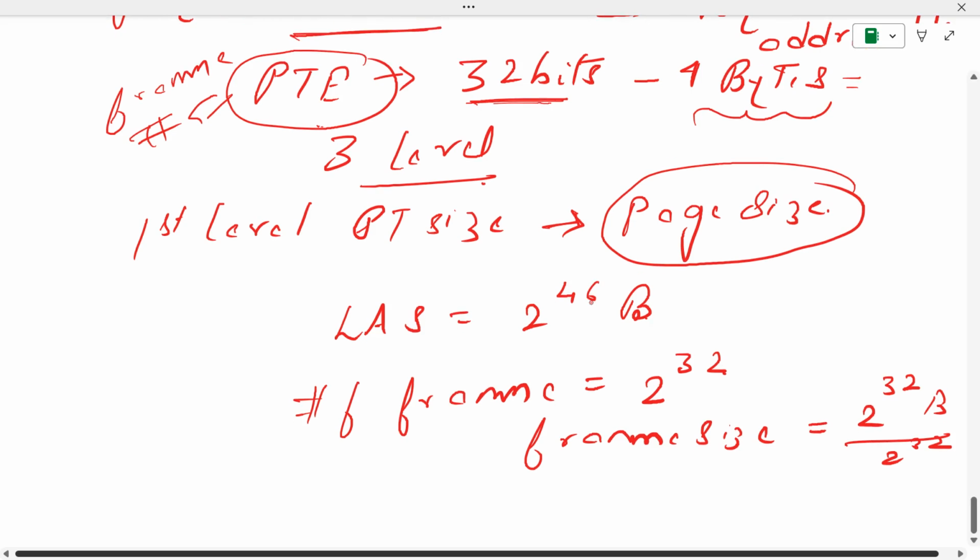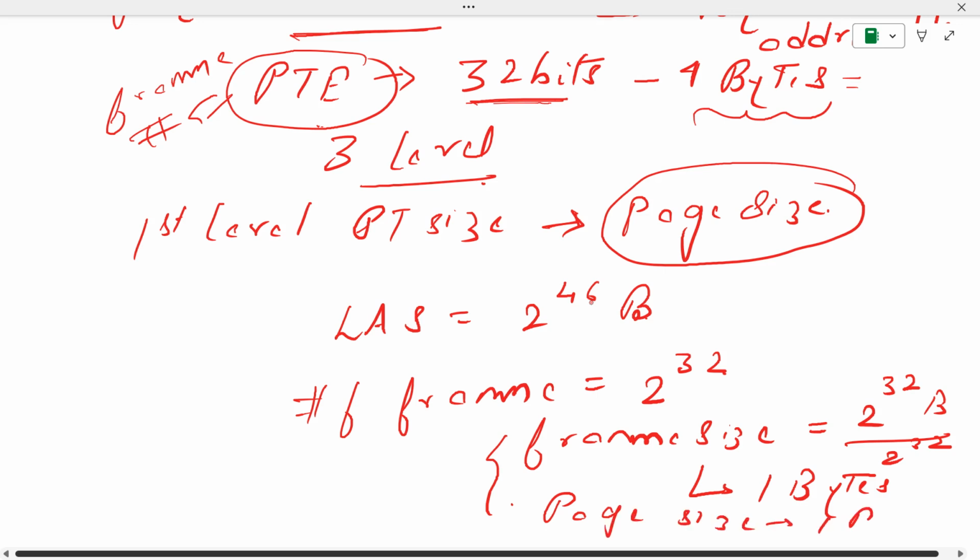So it is 1 byte. So frame size is 1 byte only from this, right? And page size obviously will be equal to 1 byte only, because the page size is equal to the frame size, right?